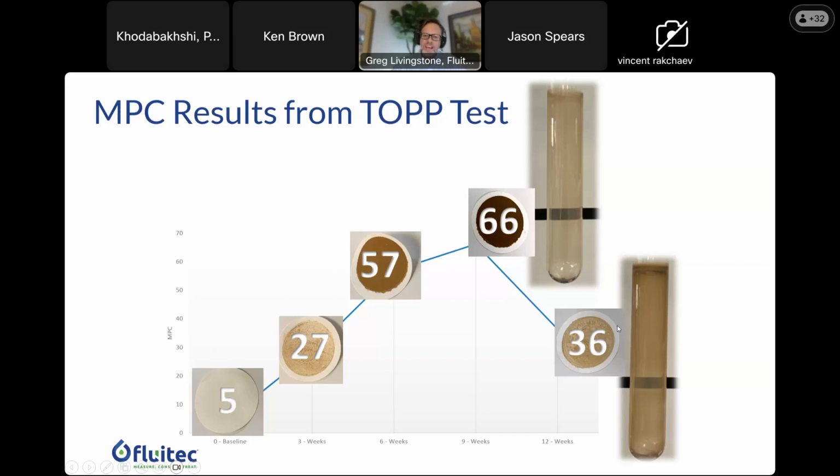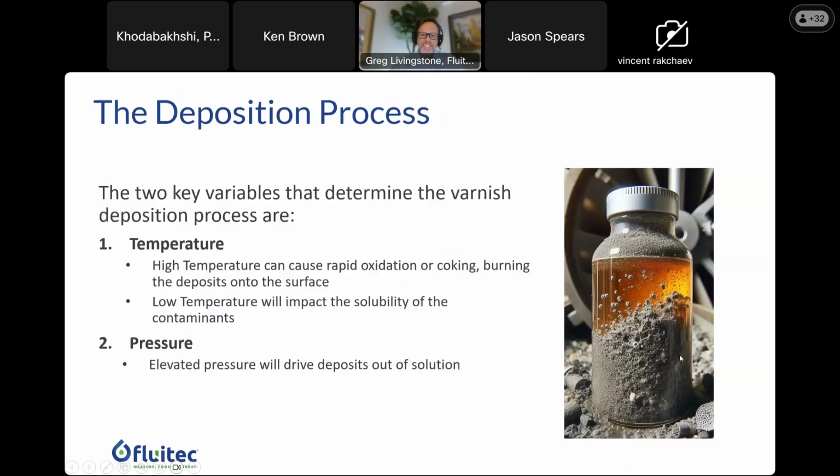If you're running an MPC test, anything over a 30 would be considered critical and would justify some action. But 57 is not necessarily better than 36, because in some formulations, we do see this phenomenon happen. So a little bit here about the MPC test.